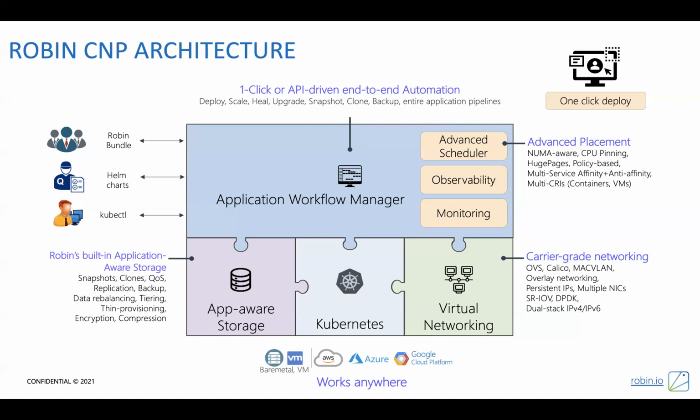So it is an infrastructure aware, application aware storage solution that would basically take care of all the storage needs for a cloud native deployment. Additionally, we also have an advanced scheduler, such as NUMA aware CPU pinning, huge pages, affinity, anti-affinity based placement of applications in the Kubernetes world.